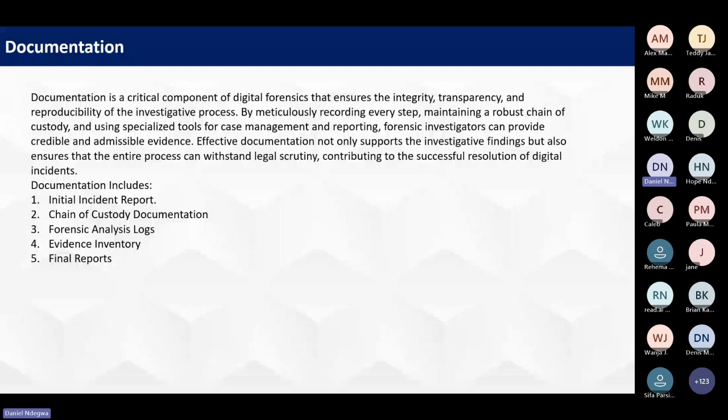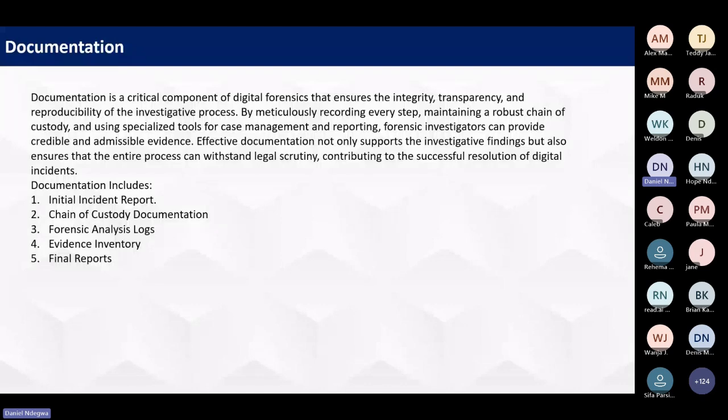One is an initial incident report. If you're responding to an incident, everybody is jittery, everybody is tense, everybody wants to know what happened and what loss we have incurred. So an initial incident report is very important to help calm the nerves and help people understand what happened.